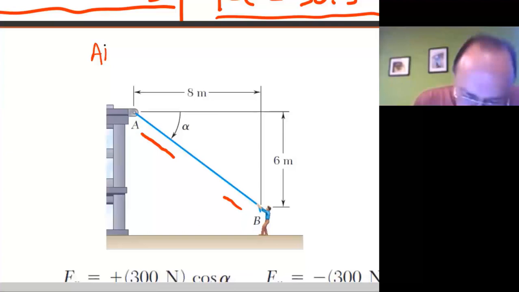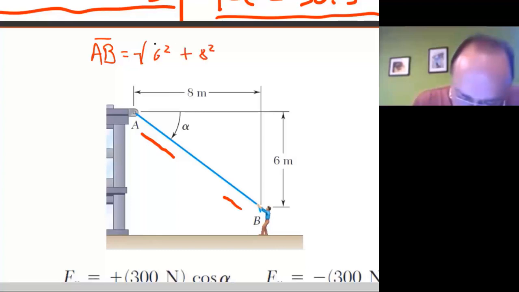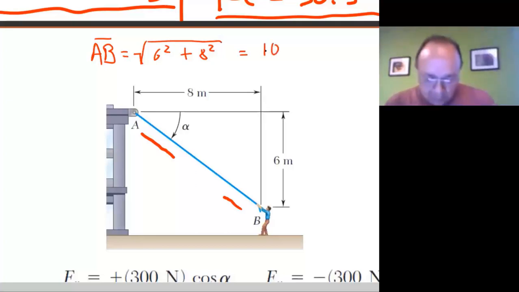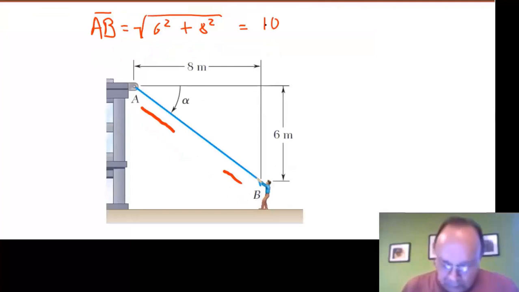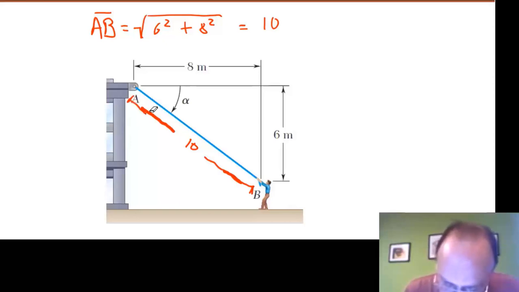The distance from A to B is equal to the square root of 6 squared plus 8 squared, so this is equal to 10. The distance from A to B is 10.